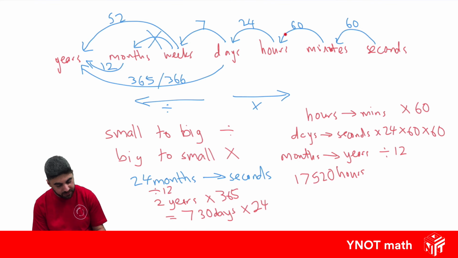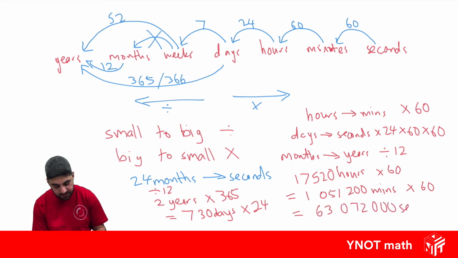Then to go from hours to minutes, I'm going to times by 60, which is going to give 1,051,200 minutes. And finally, we're going to times by 60 again to get us to seconds, which is going to be 63,072,000 seconds in 24 months.